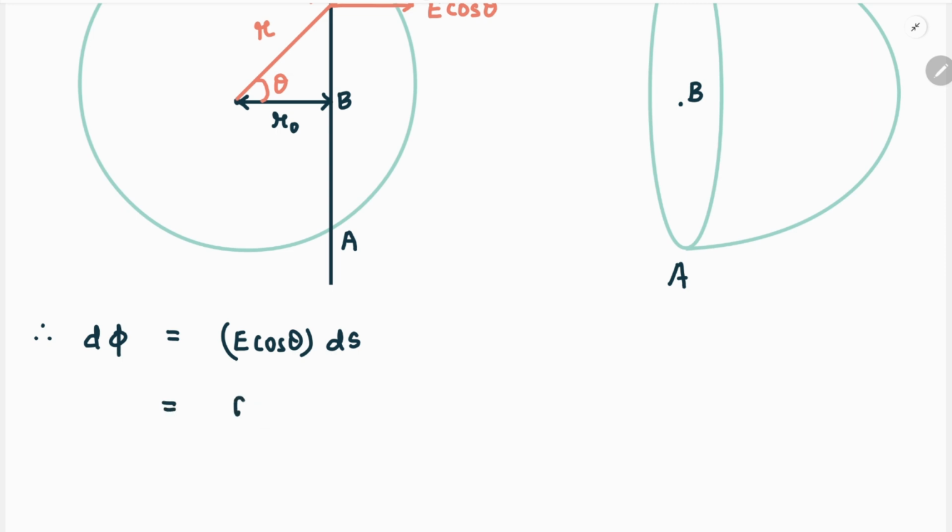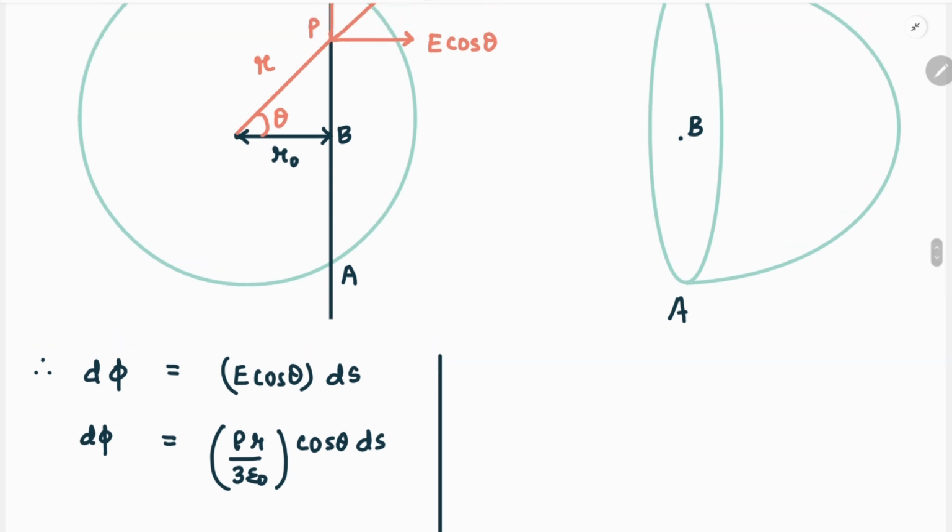So E is rho r by 3 epsilon naught, cos theta, multiplied by ds. This is the electric flux d phi, and here we have r cos theta.